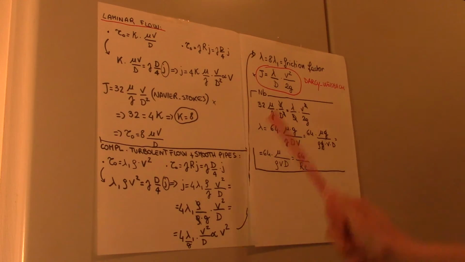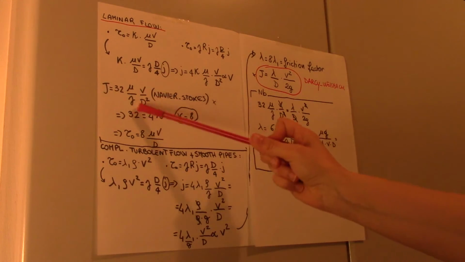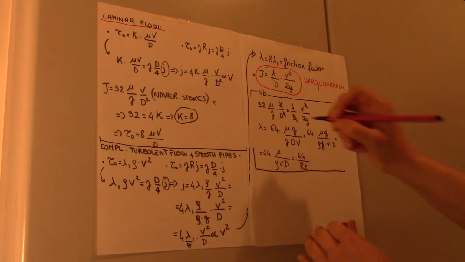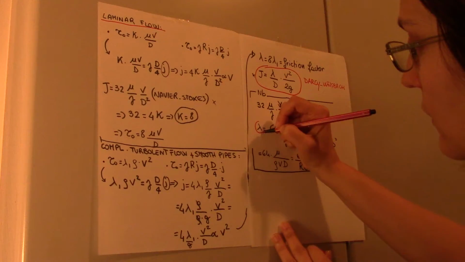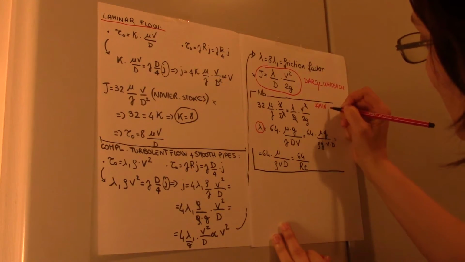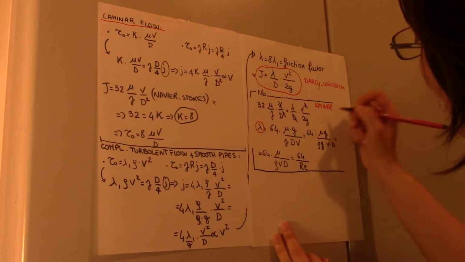Just comparing this one with Navier-Stokes in laminar flow brings you to Poiseuille law, which allows you to define for a laminar flow the first resistance law.